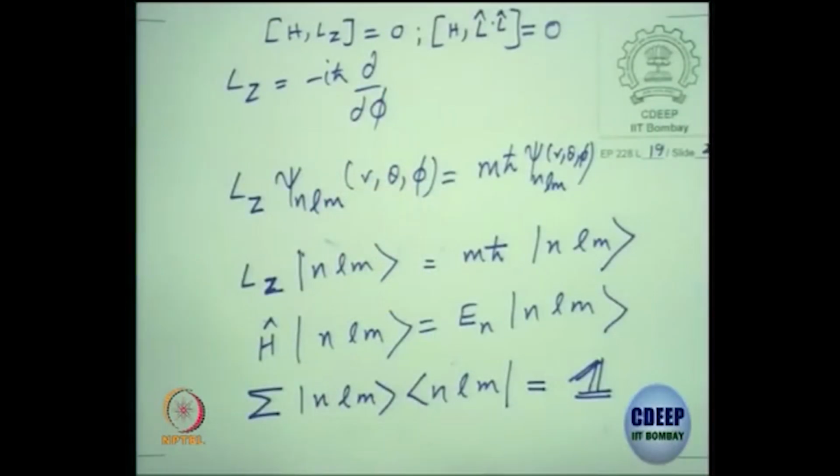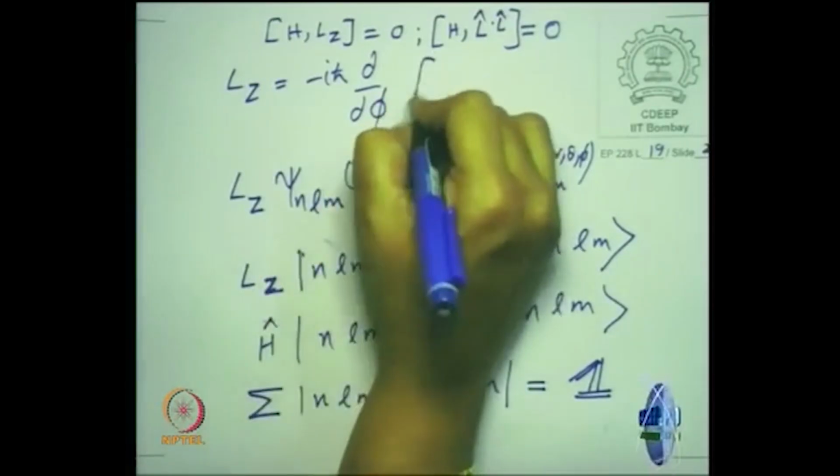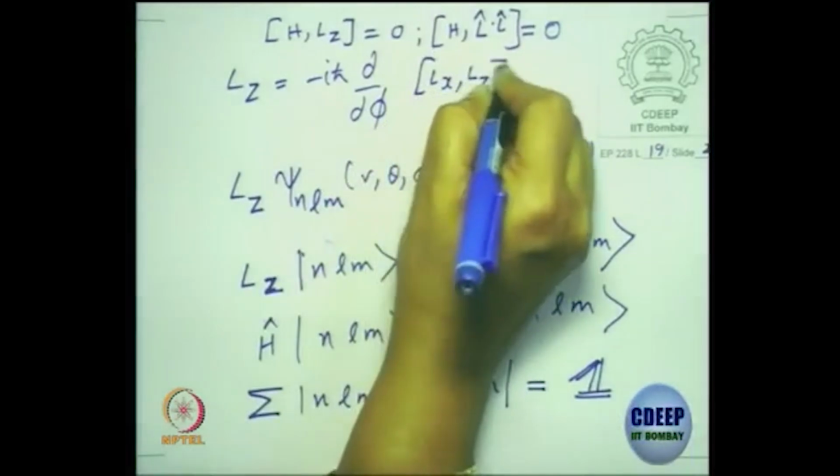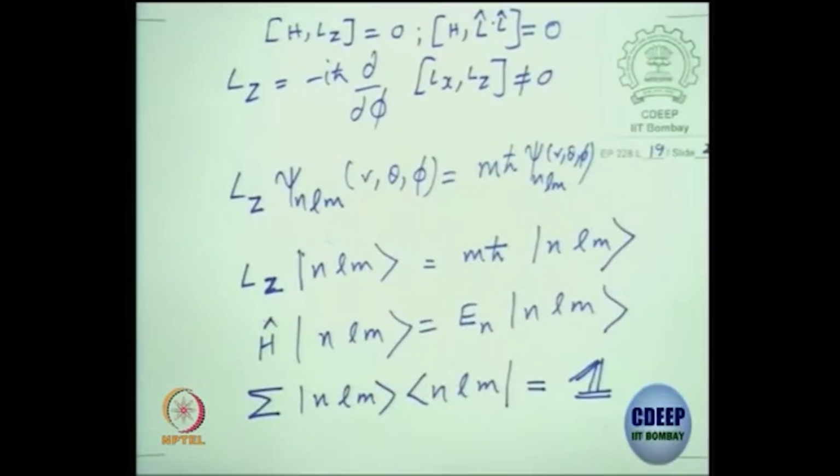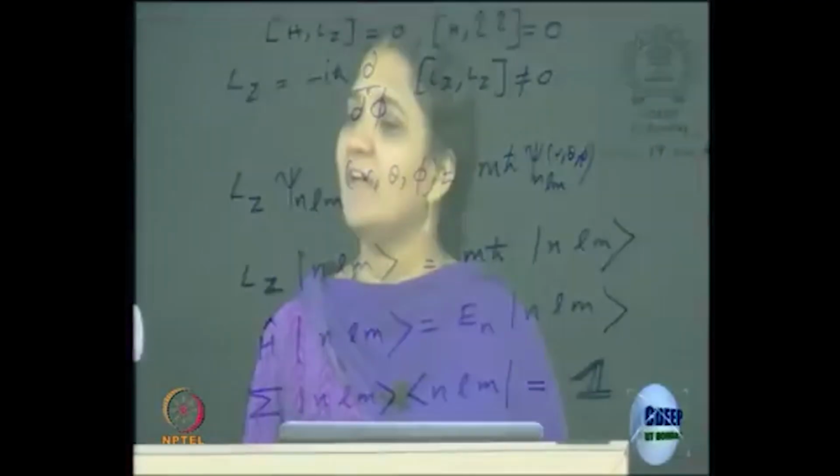But will this be an eigenstate of Lx? Why? Lx Lz commutator is not 0. You can either write an eigenstate of Lz or you can write an eigenstate of Lx. You cannot write a simultaneous eigenstate of Lx and Lz.